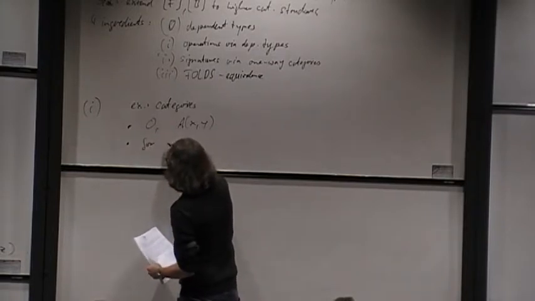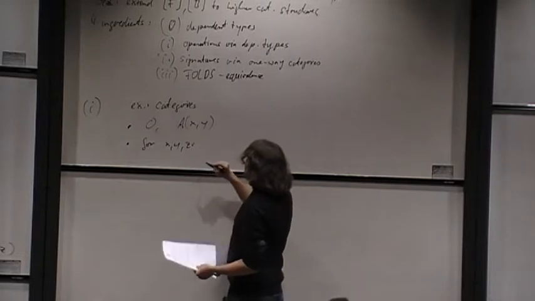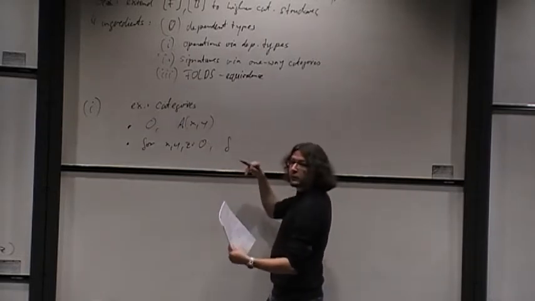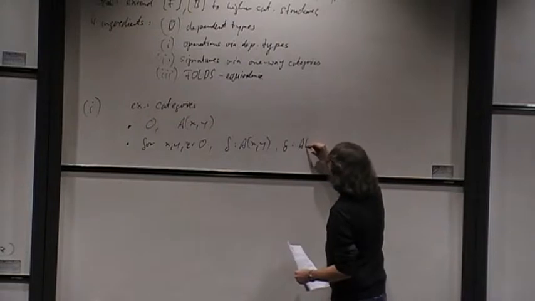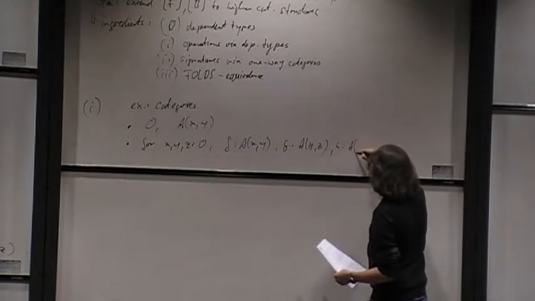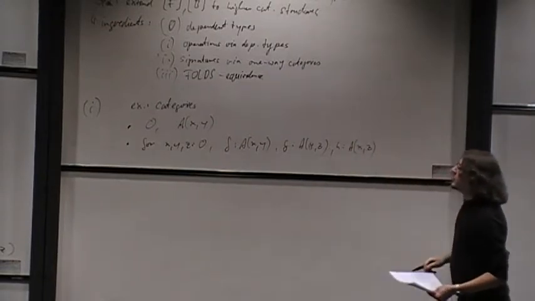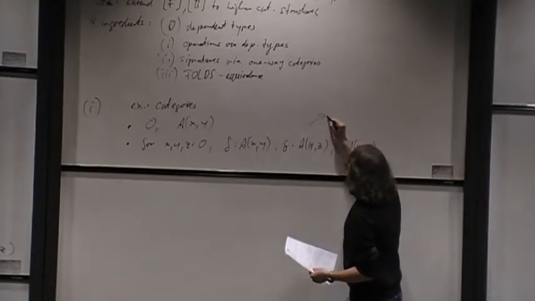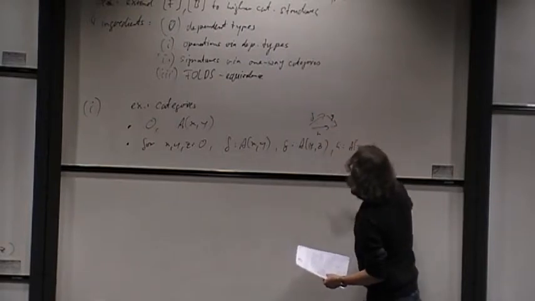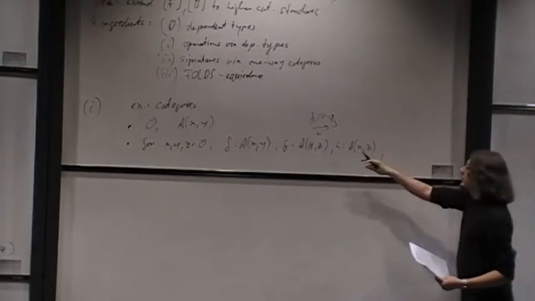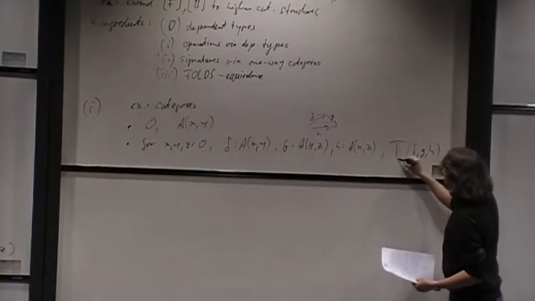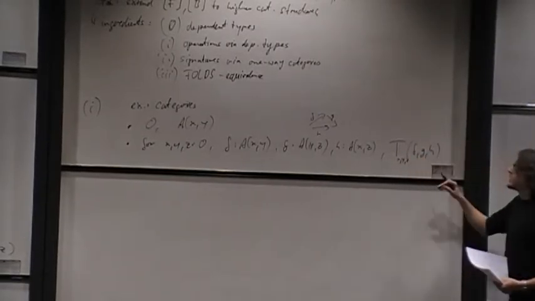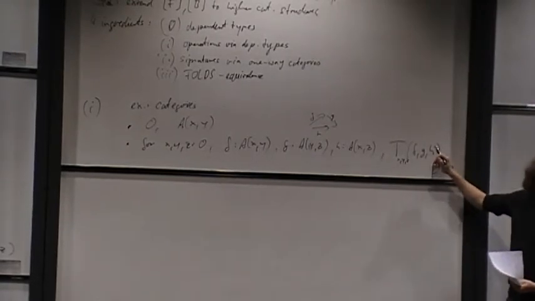So for x, y, and z objects, and f, g, and h arrows of suitable type, a category is given by a family of assertions T(f,g,h), where T(f,g,h) is the set of assertions that h is the composite of g and f.